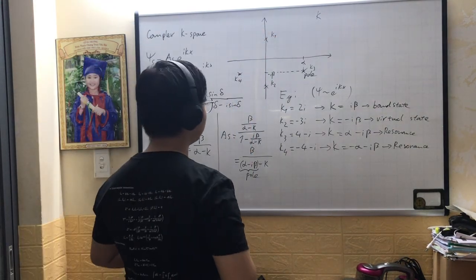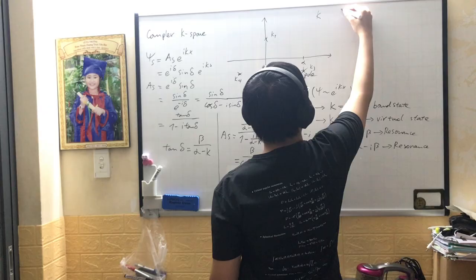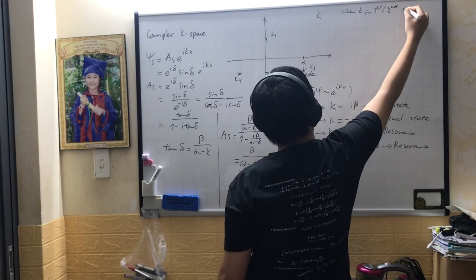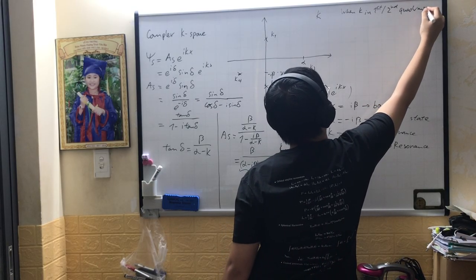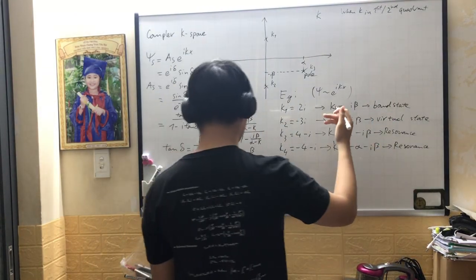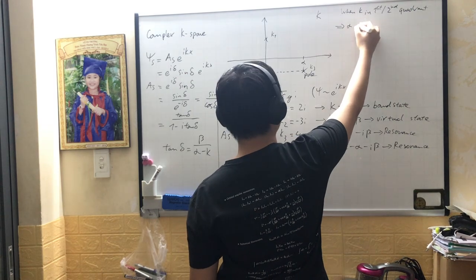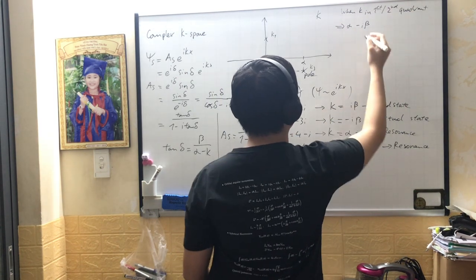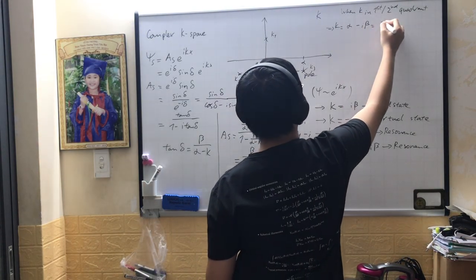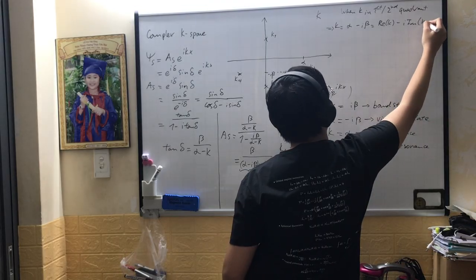And next is our sort of trivial part, which is where your k is on these two quadrants here. So when k is in the first or second quadrant, your k would be written as something very similar to this, which is the alpha plus beta, and minus iβ, or maybe you can write it as the real part of k minus i times the imaginary part of k.